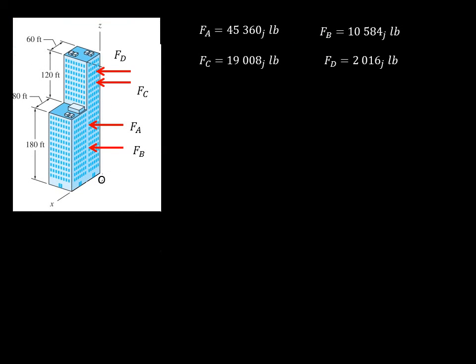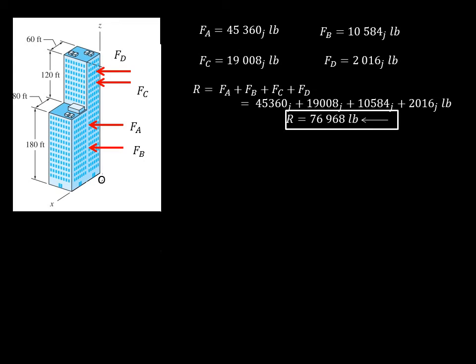Now that we know all of the forces that act on the system, we can solve for the resultant force, which will be equal to the summation of all the forces. After that, let us get the moment of each force with respect to any point. In this video, we will be using the origin as the moment center.